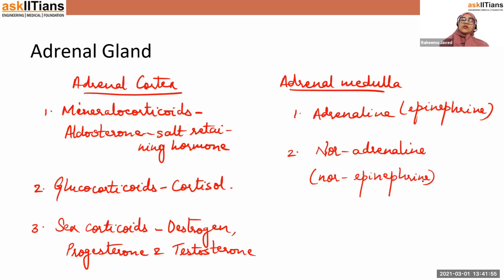Both of these hormones work in coordination with the sympathetic and parasympathetic nervous system. This is another example of control and coordination between the nervous and the endocrine system, where they prepare the body for the fight or flight situation in case of an emergency.